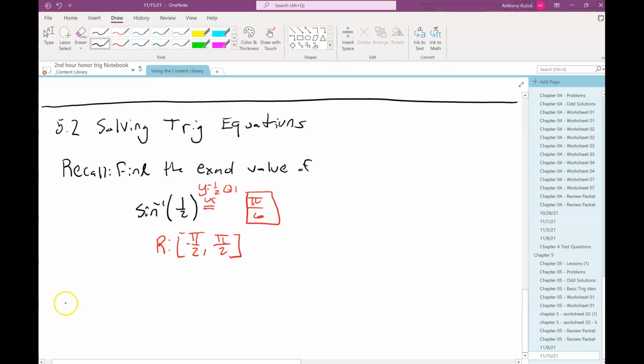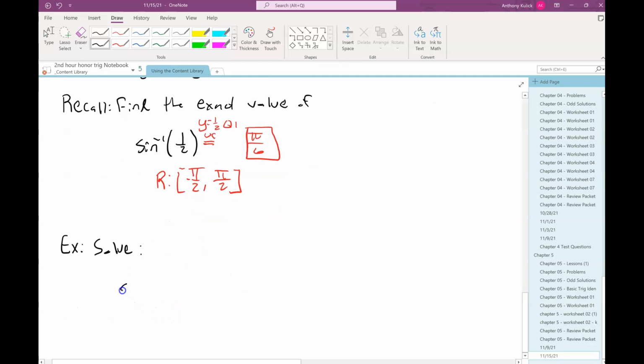What if we instead ask to solve sine x equals 1/2? How many answers does this have? More than 2.